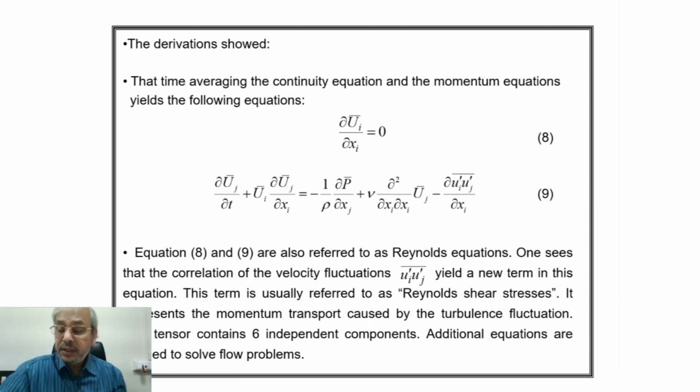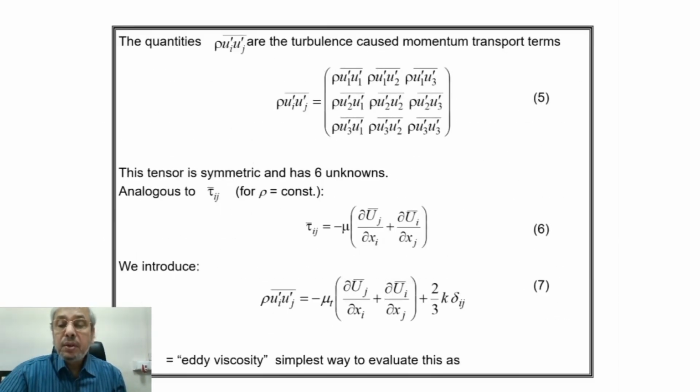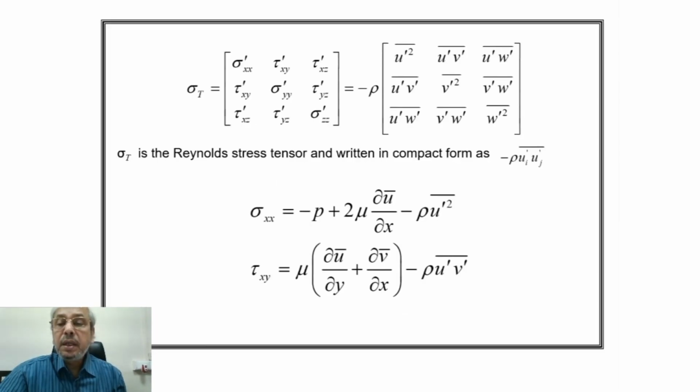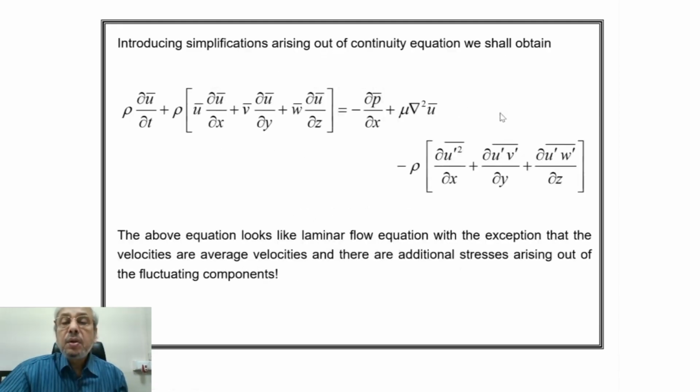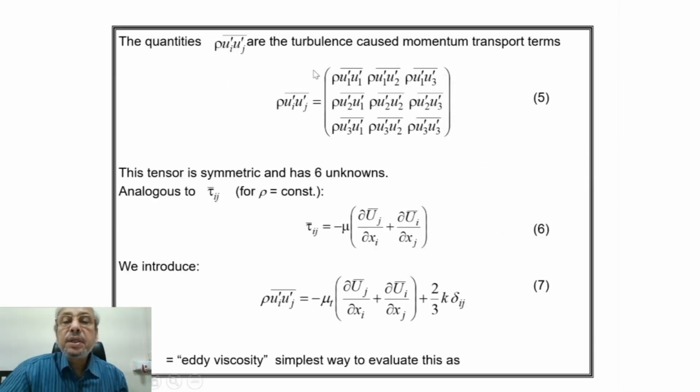Going back for readily remembering these quantities: this quantity, this quantity, this quantity, 1 2 3 4 5 6.